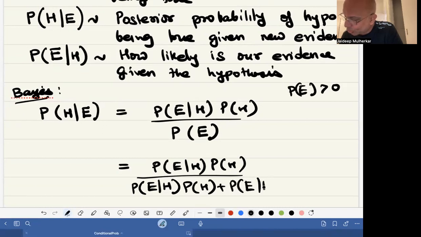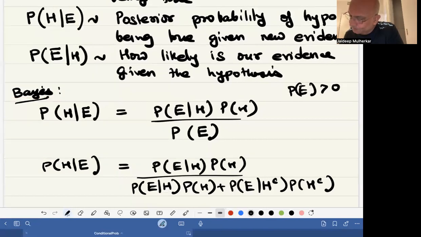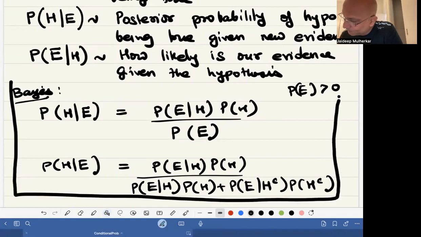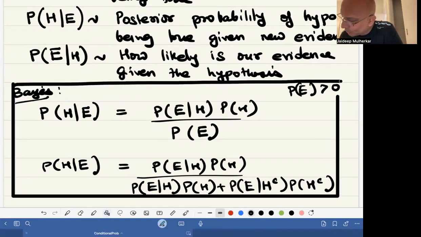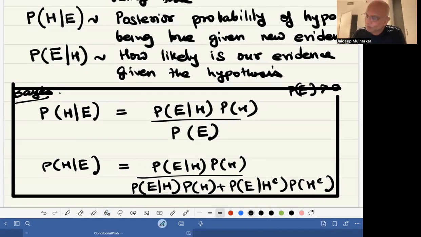Here H complement is the alternative hypothesis. Okay, so that is our Bayes' theorem. So the idea of Bayes' theorem is that we are trying to update our hypothesis.